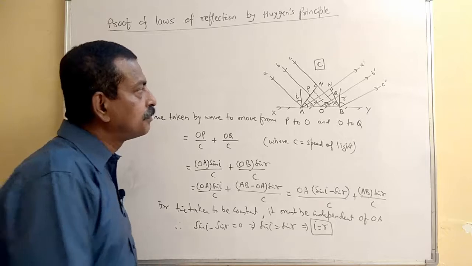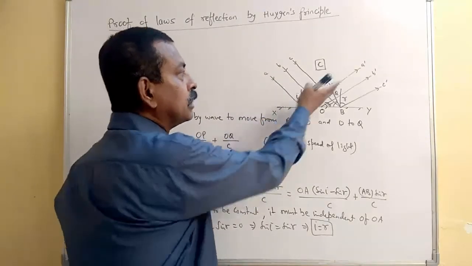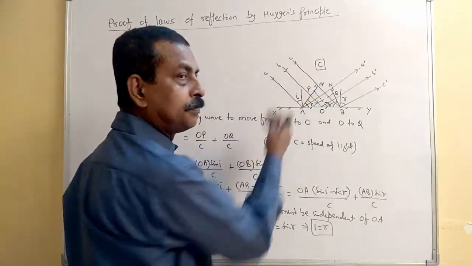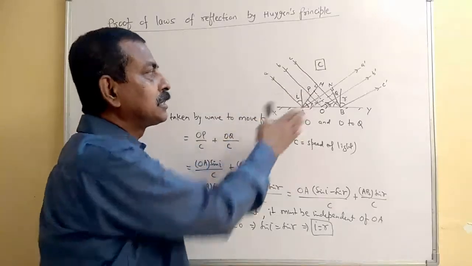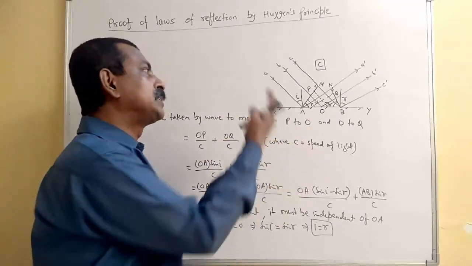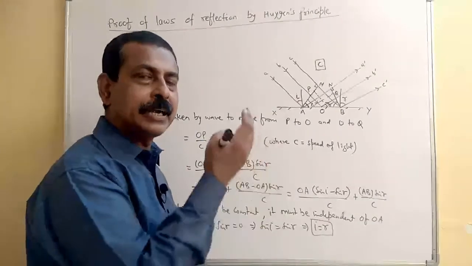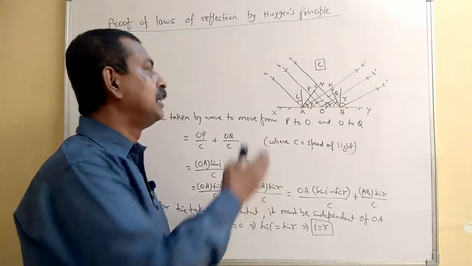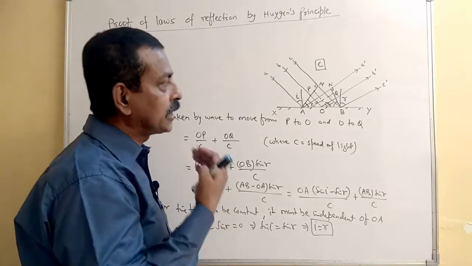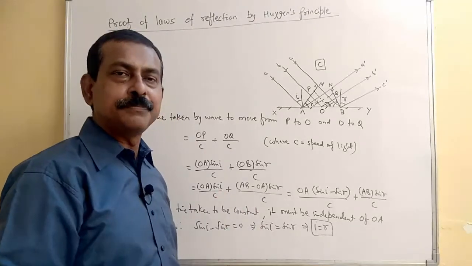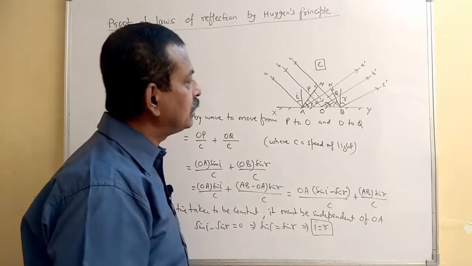Second thing, the incident ray, reflected ray and the normal, they all are lying in the same plane. So obviously the second law is also verified. Incident ray, reflected ray and the normal at the point of incidence are lying in the same plane. So the second law of reflection is also verified. You can just take it in this way also.